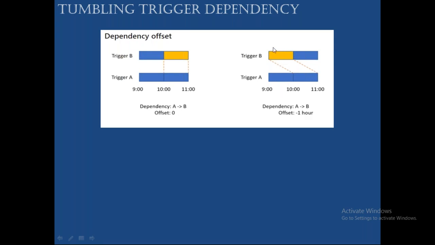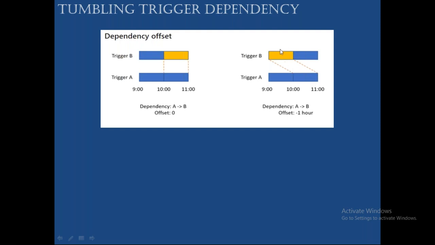If the 9 to 10 window is successful in pipeline 1, then the 10 to 11 window in pipeline 2 will execute, meaning based on the previous execution of pipeline 1, your current pipeline will execute.